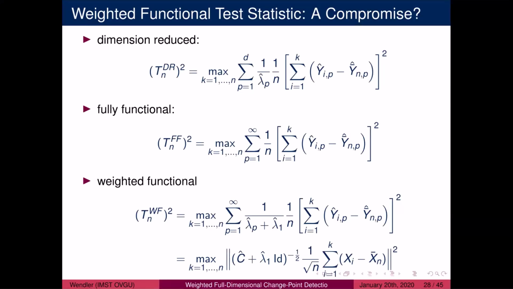Actually not the eigenvalues, but the eigenfunctions. True. Yes, you also have to do the projection, right? Right, but here you don't have to project. In this representation, you don't have all of these problems.